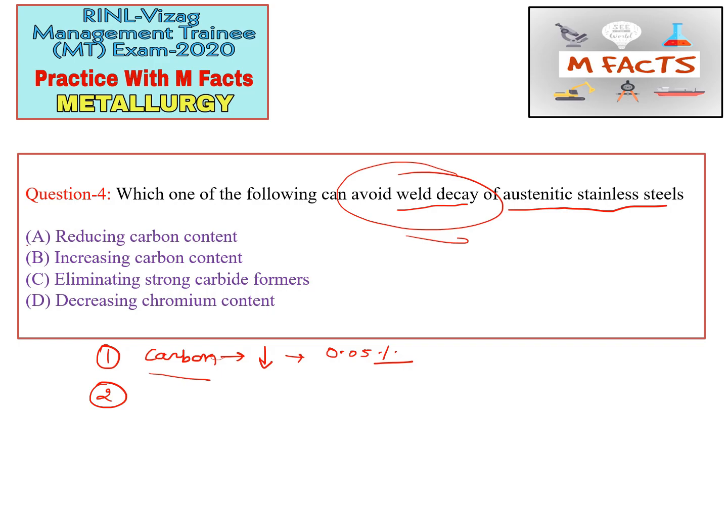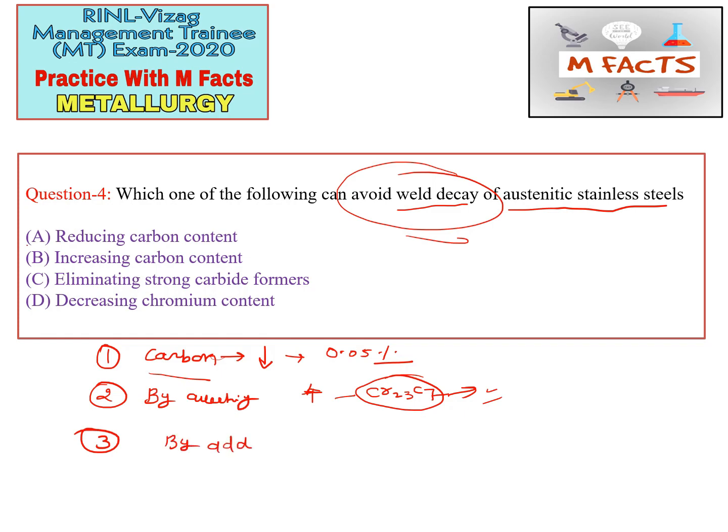The next thing is quenching. By quenching the stainless steel from a high temperature, we can prevent the chromium carbide formation. If we are able to prevent this carbide precipitation, this will also avoid the weld decay.